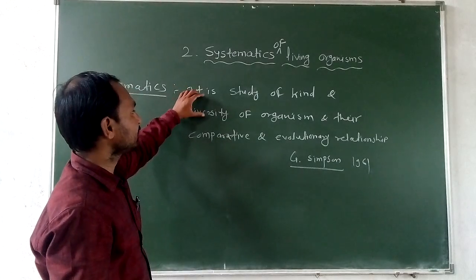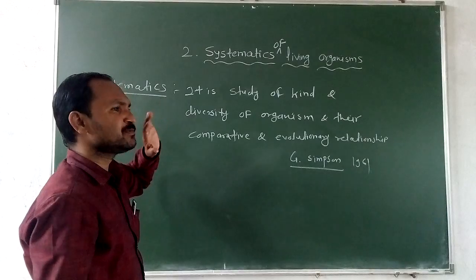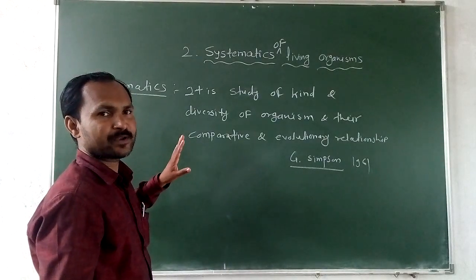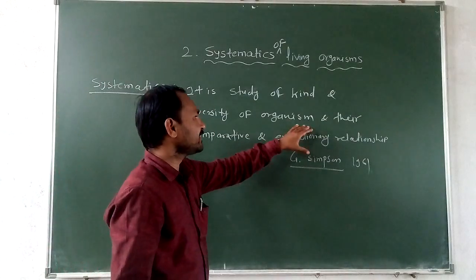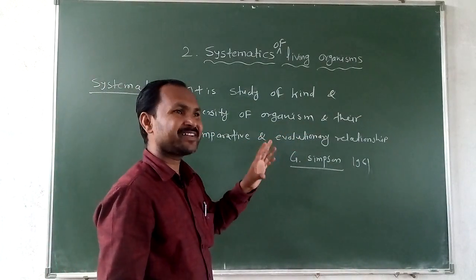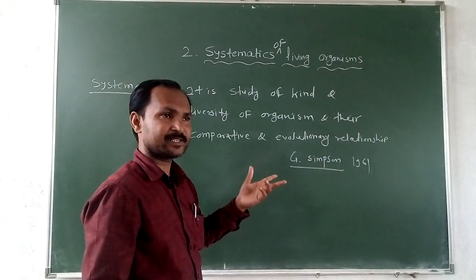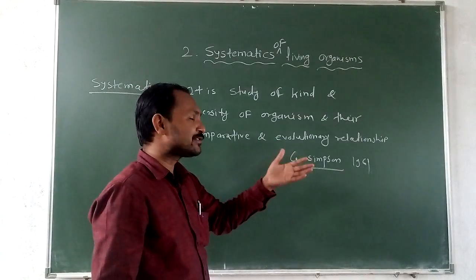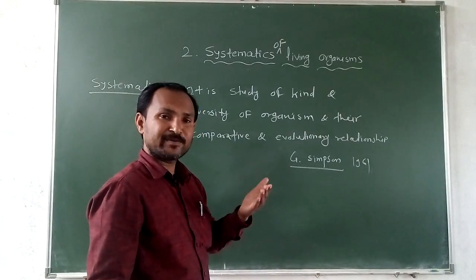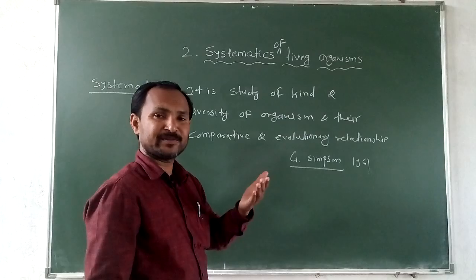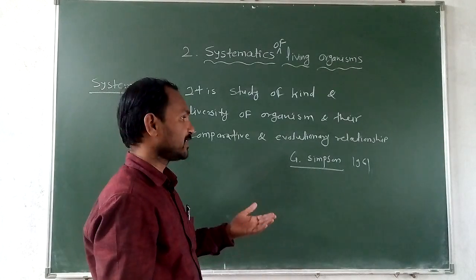Now, in the systematics definition, it is the study of kind, first. Second, in that study, diversity of organisms. Diversity means the variety of animals and plants that can be studied. How? By comparing the organisms, comparison between two plants, comparison between two animals. Second, evolutionary relationship: from what these animals evolved, from which place, from whom the animals or plants evolved, can be studied.